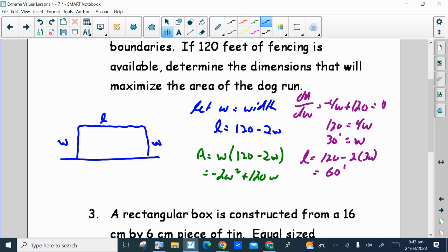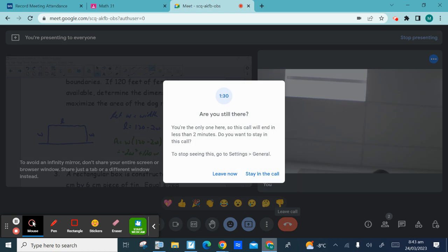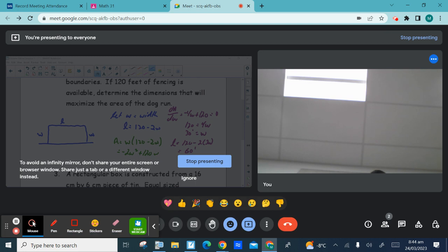Right? At 30 times 60, we're at 1,800 square feet, much larger area. So again, you could take any different values for W that you wanted and then determine what L would be for that value of W. And if you find the area, it will always be less than the 1,800 that we got in our problem.